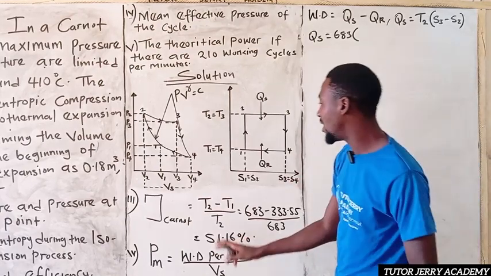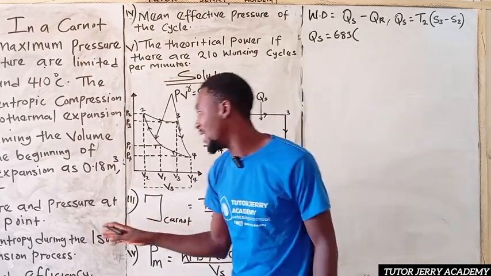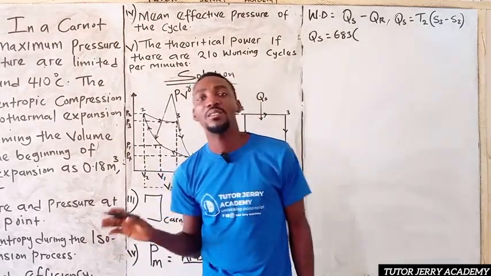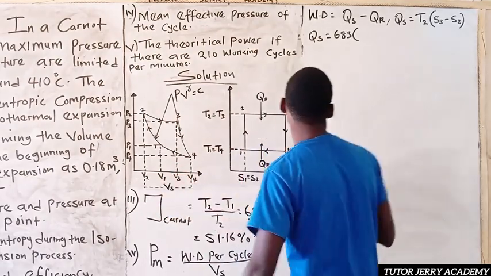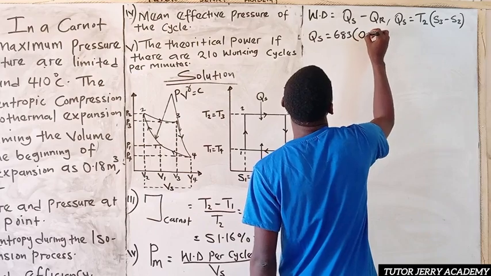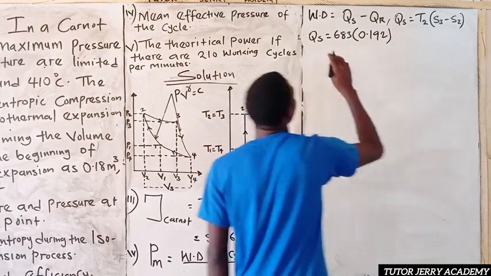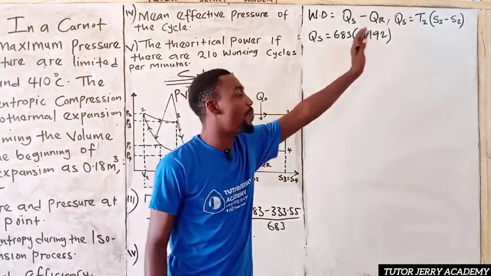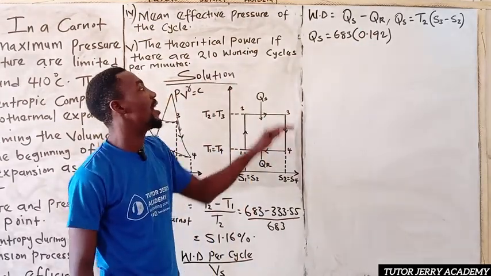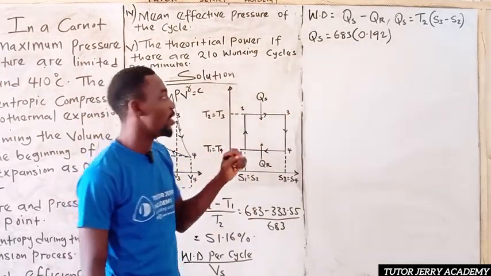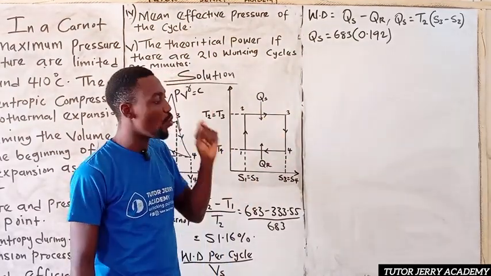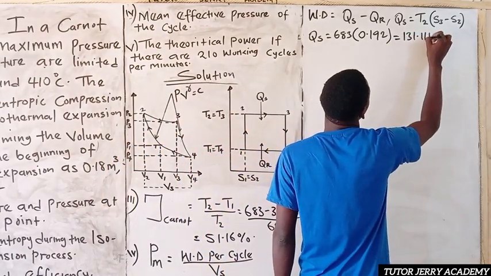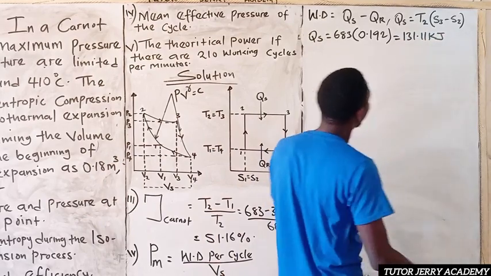We've already gotten that, and we said the change in entropy during the isothermal expansion process is 0.192. If you multiply 683 by 0.192, you get the quantity of heat supplied to be 131.11 kilojoule.